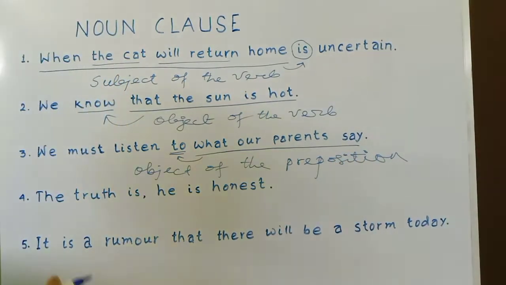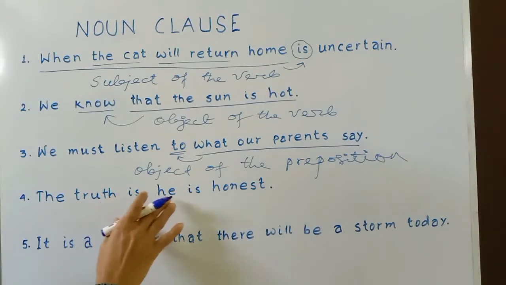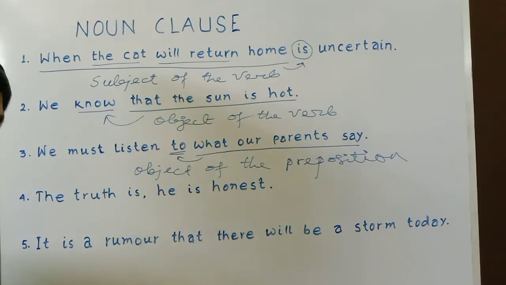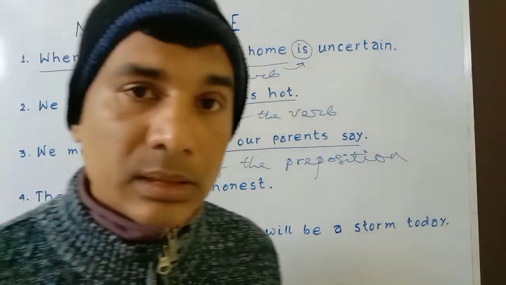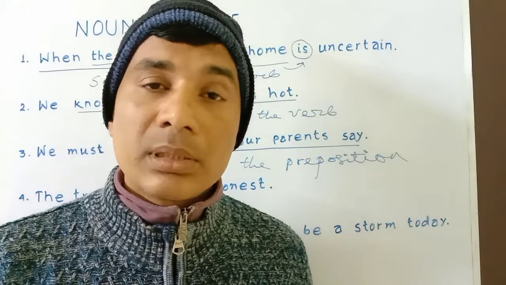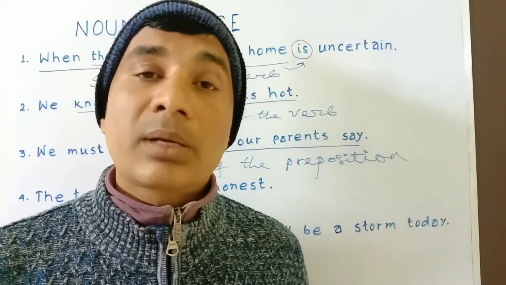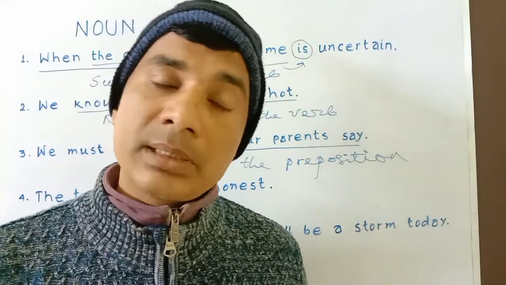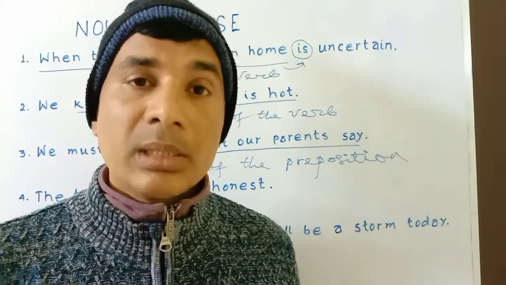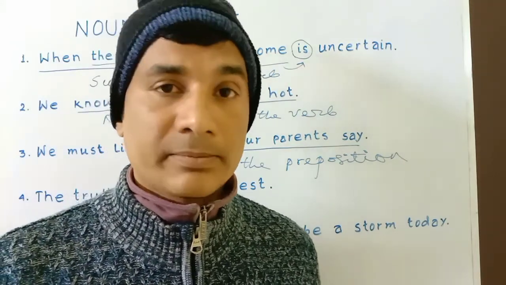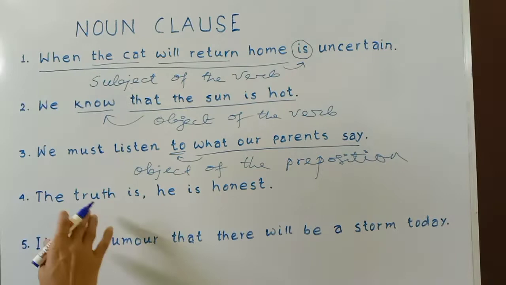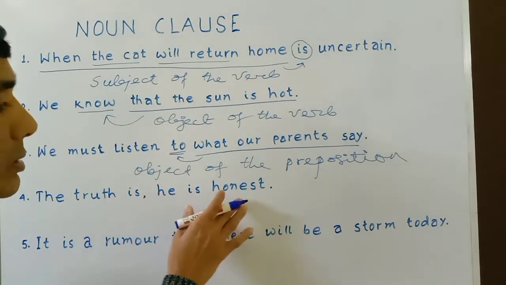Okay, after this: The truth is he is honest. The truth is, I have told you, is a be verb. This is such a verb that it will take a complement. Without a complement, it is incomplete. The verb cannot complete its meaning. So what is the meaning here? The truth is he is honest.